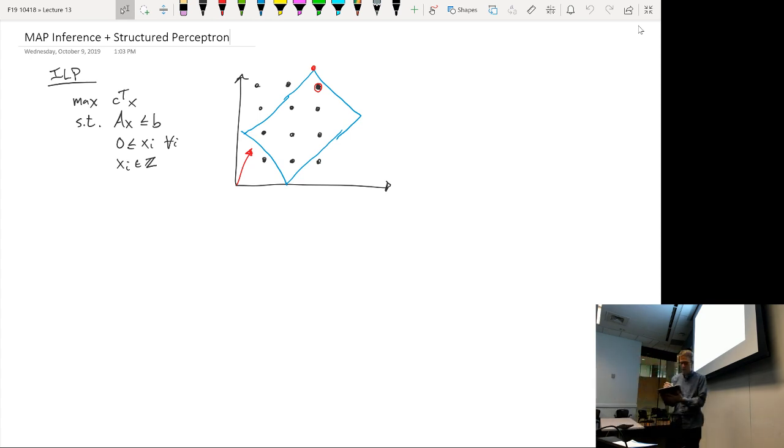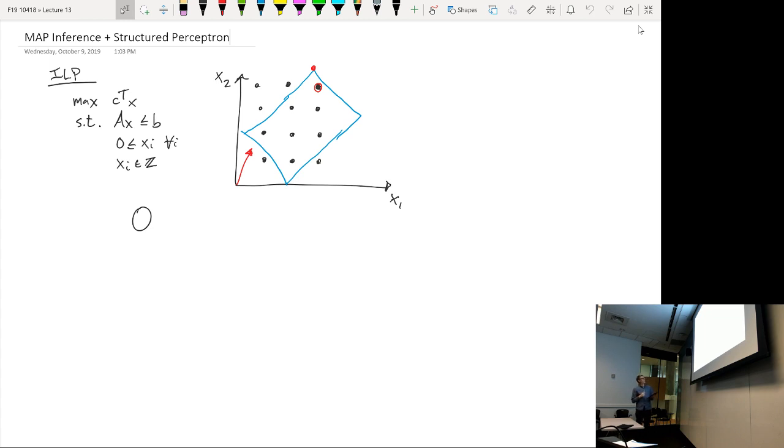And so the idea of the branch and bound algorithm is that it proceeds by constructing a branch and bound tree. And in the first step, what it needs to do is actually pick one of the two variables, x1 or x2, and it needs to branch on that variable. So this is going to be the first node in the branch and bound tree.